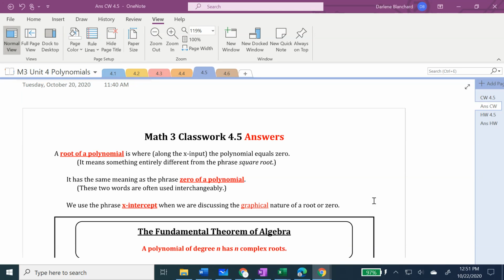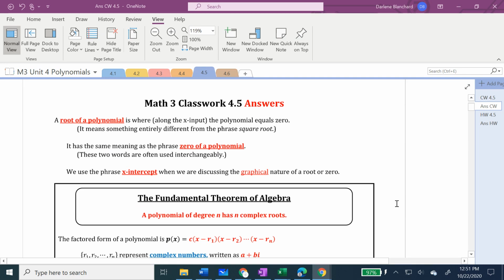All right, so yesterday we were working on classwork 4.5, didn't quite completely get through it, but here's the bottom line. You're expected to know that a polynomial of degree n has n roots. However, those roots could be numbers that are out of the dimensions that we exist in, so to speak.